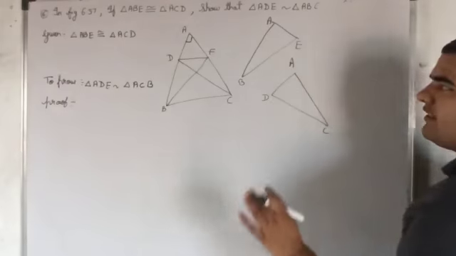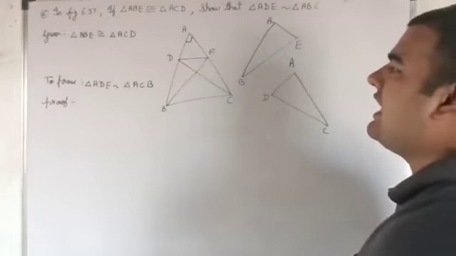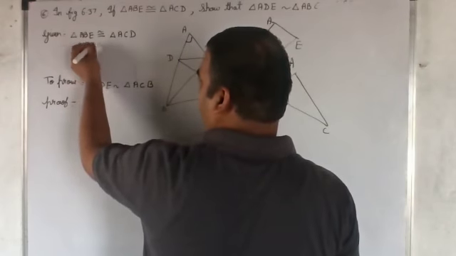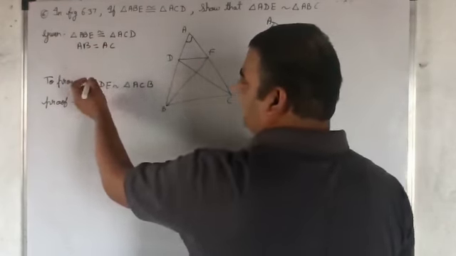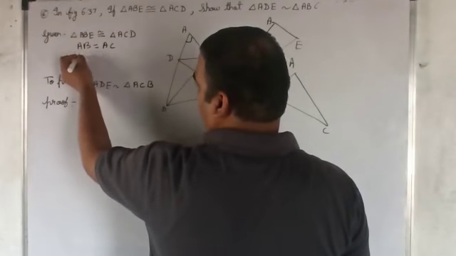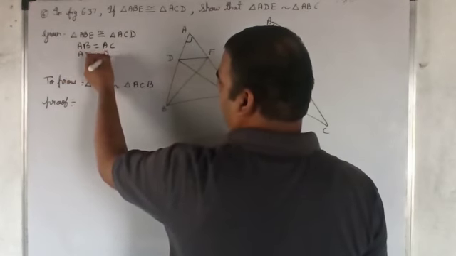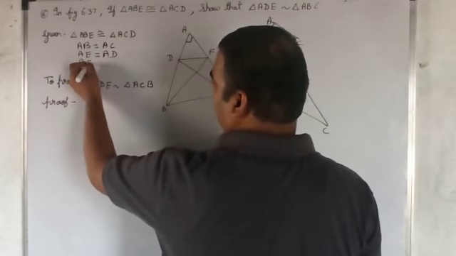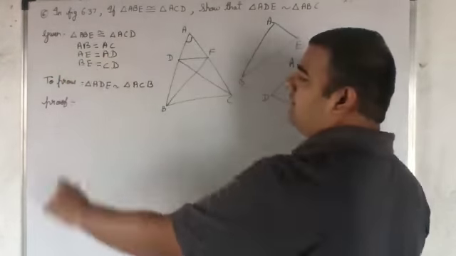It is given these two triangles are congruent. Can we say then their corresponding sides will be equal in the given data? AB equals AC, AE equals AD, and the last one is BE equals CD.